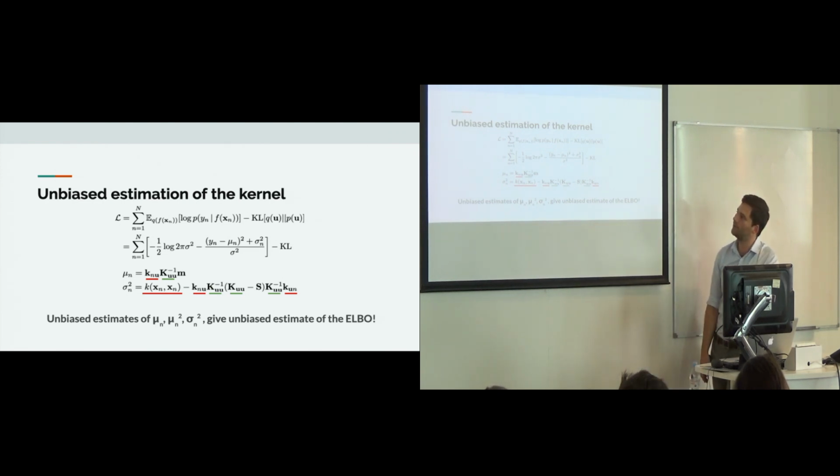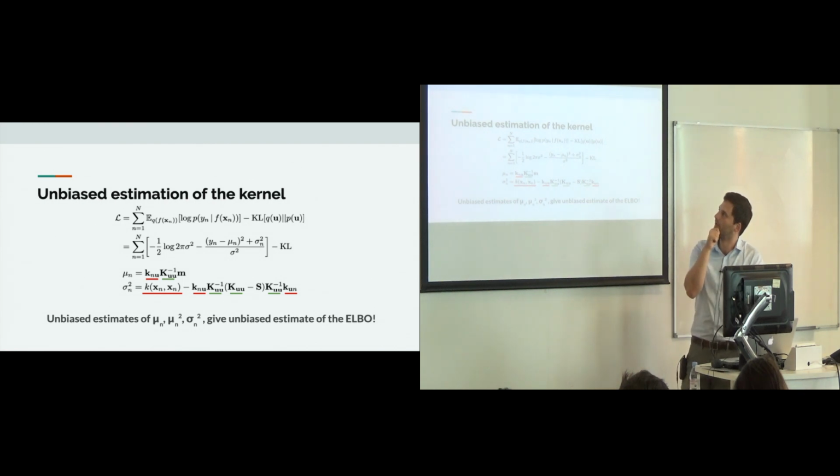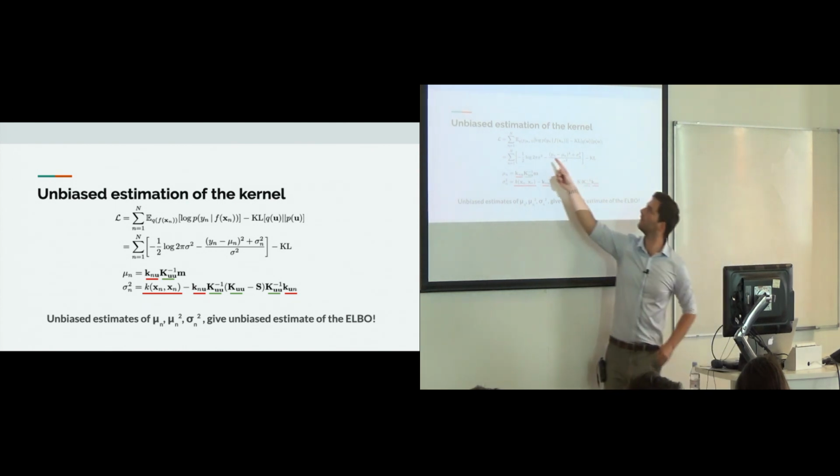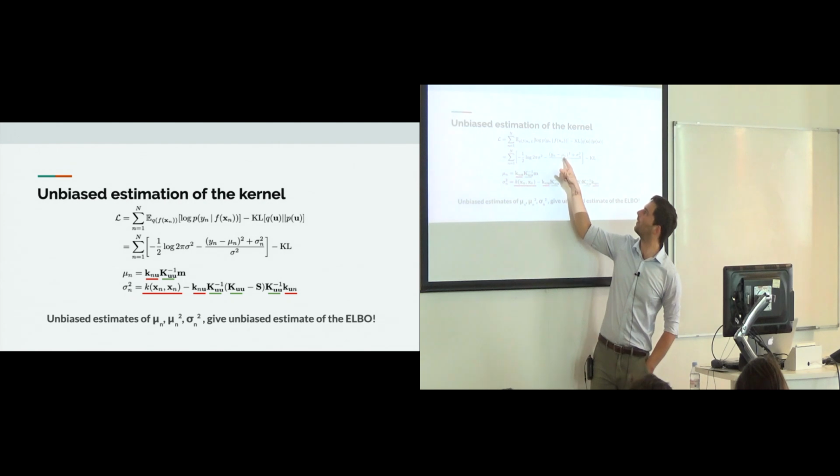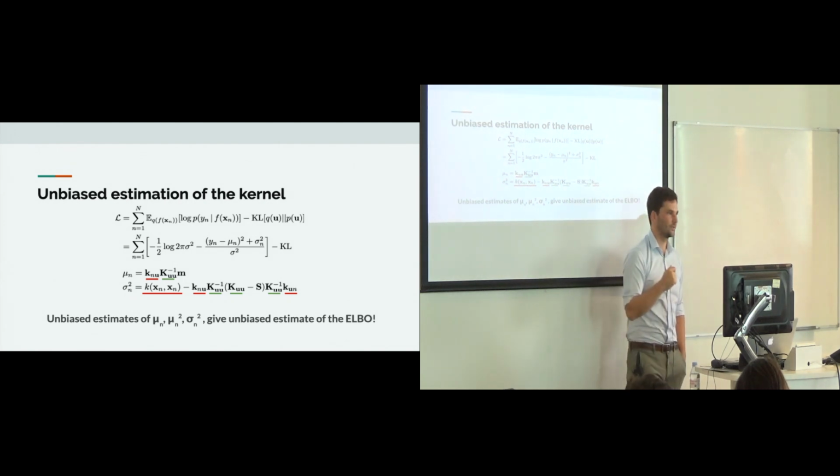Right, so how do we deal with the remaining intractable terms? Well, the first thing that we can observe is that if we use a Gaussian likelihood, then our variational bound only depends on the predictive mean, the square of the predictive mean, and the predictive variance.